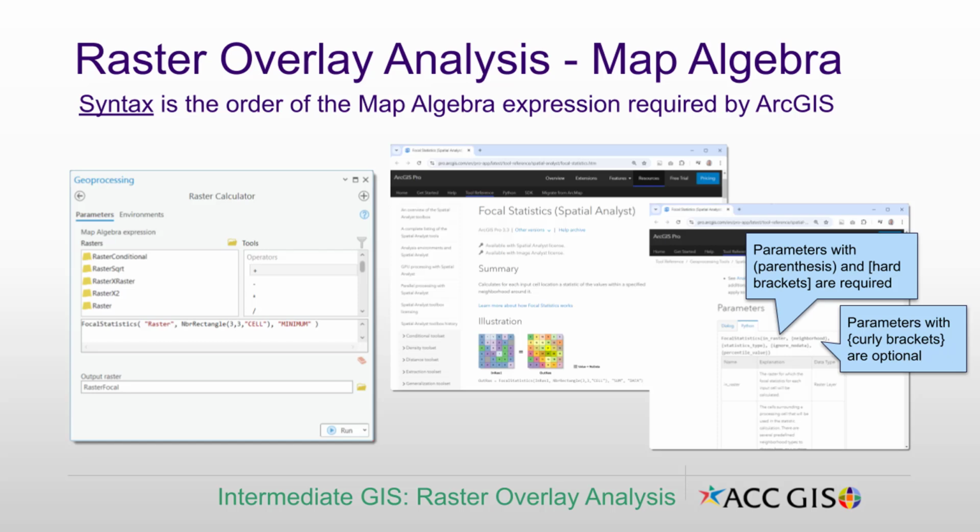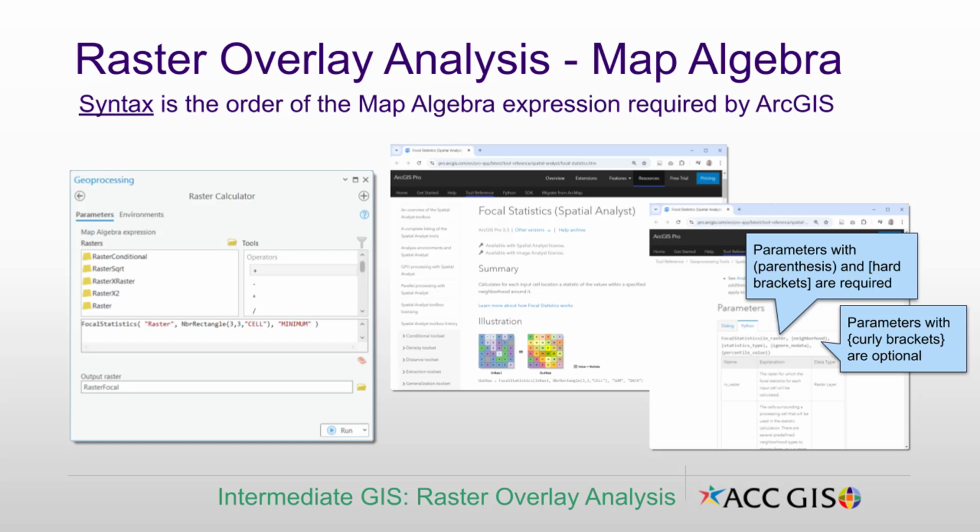Now, I've mentioned syntax a couple of times, and syntax is just the order of the map algebra expression required by ArcGIS. And if you don't have the syntax right, it won't run correctly. And so in the raster calculator example on the previous slide and in the image on the left, I'm using the focal statistics geoprocessing tool, and the syntax required to run that geoprocessing tool as map algebra in the raster calculator.